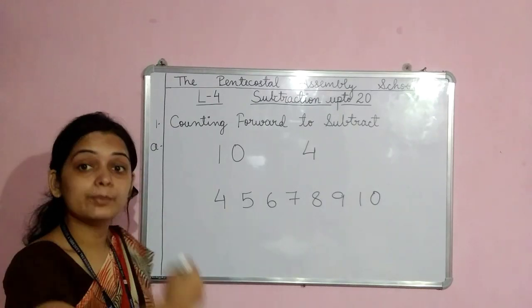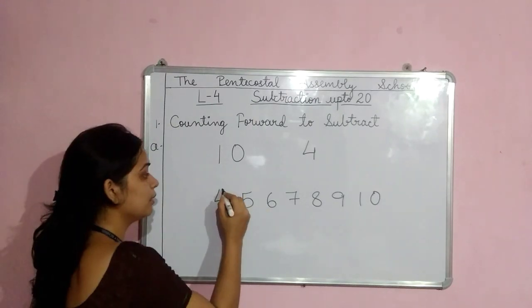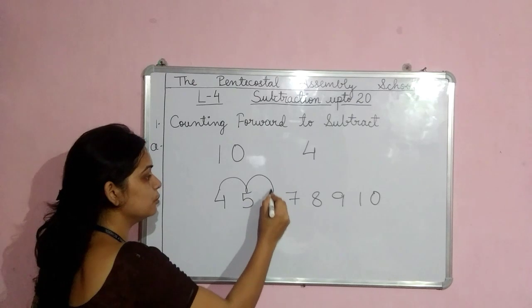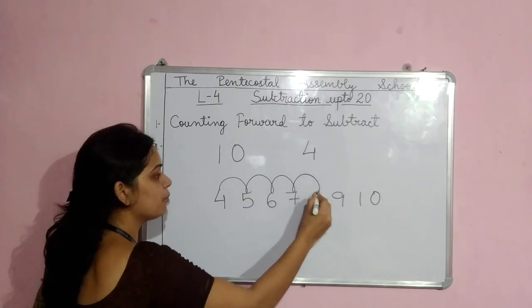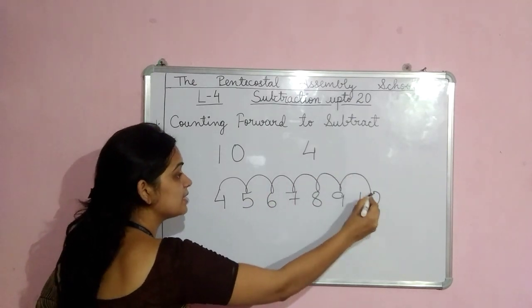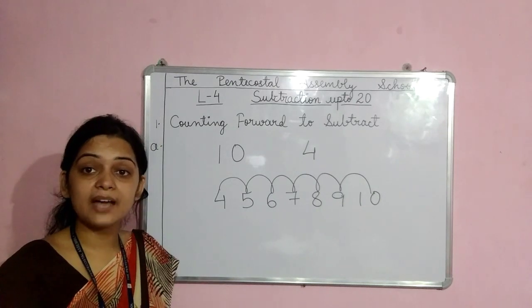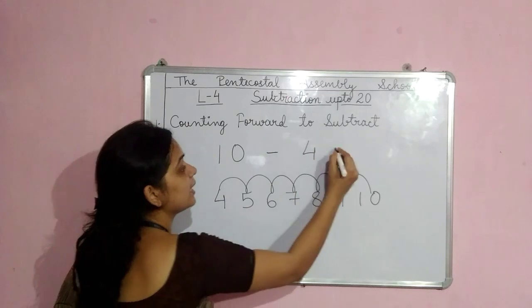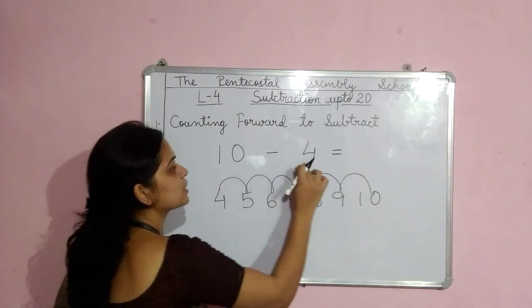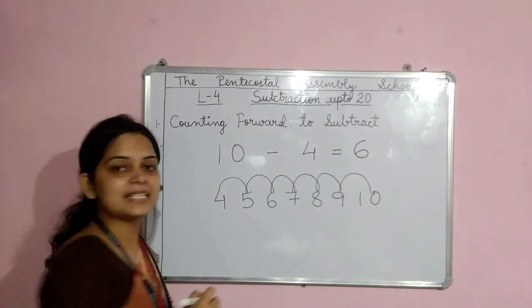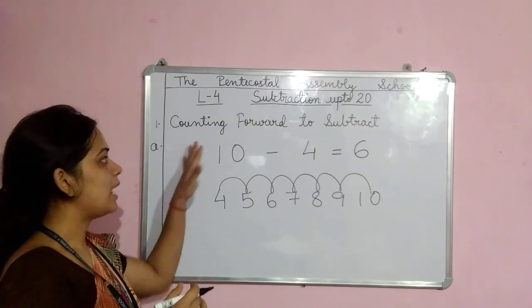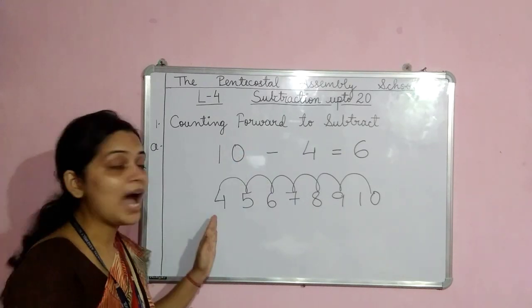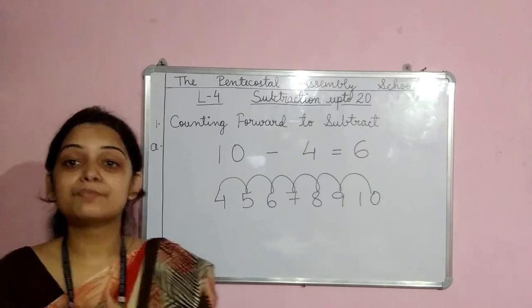Now I'll see how many steps I have gone. 1, 2, 3, 4, 5, 6. 6 steps I have gone. Means what is the correct answer? 10 minus 4 equal to 6. So in counting forward, you have to start from the smaller number.